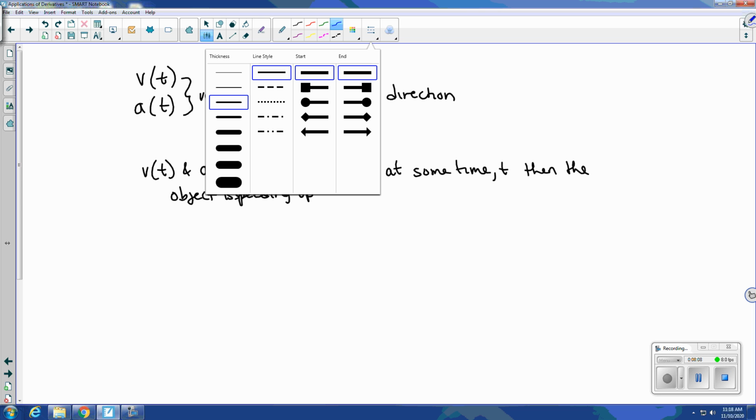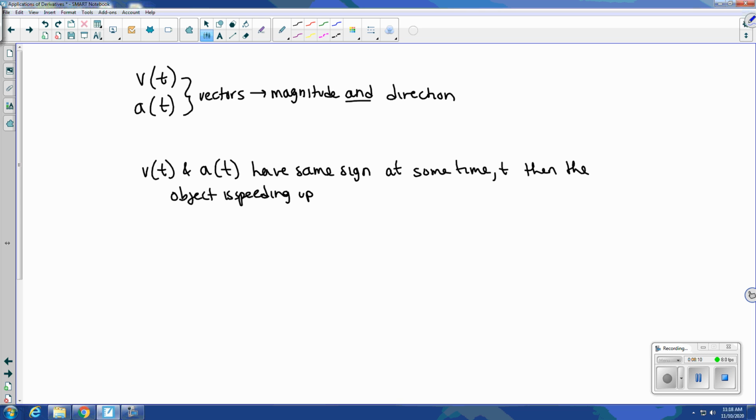But if they have different signs, then the object is slowing down. So if your velocity is going in one direction and you're accelerating in the opposite direction, that implies that you are decelerating and therefore slowing down. So comparing the signs of acceleration and velocity at a certain point in time can tell you if the object is speeding up or slowing down.